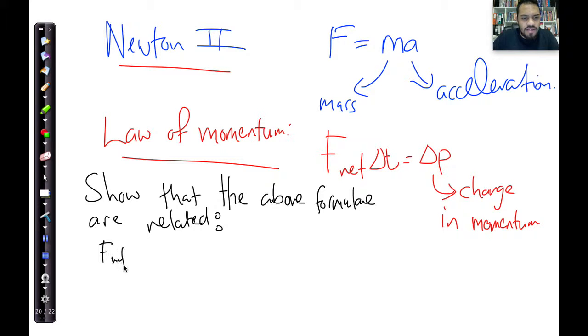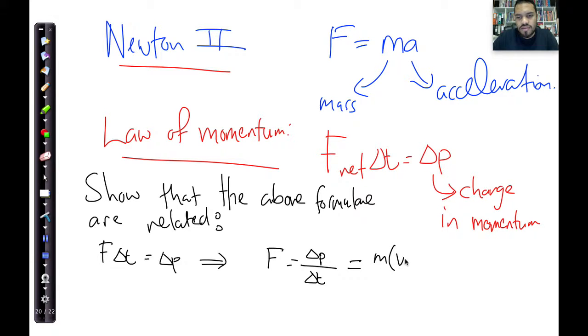F net, let's just make it F delta t for the sake of brevity, is equal to delta p. That follows that F is equal to delta p over delta t. Well, delta p is the mass of the object times the change in velocity.